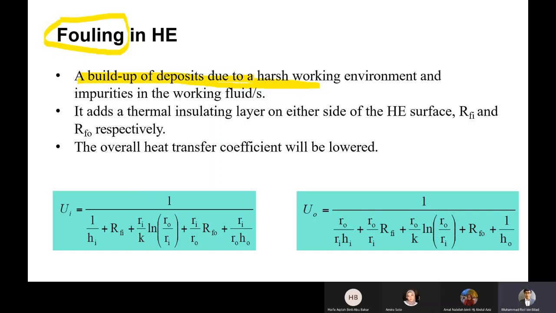Because of that, you don't have the same overall heat transfer coefficient anymore. There will be an insulation effect. It can be from the inside, and it can also be from the outside. So when this happens, you have extra resistance from the inside, which is this one, called fouling resistance, and you can also have a fouling resistance from the outside layer.